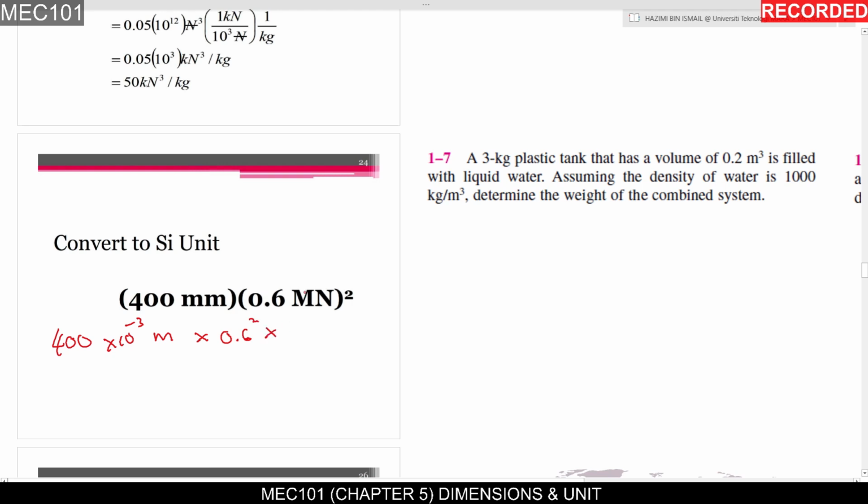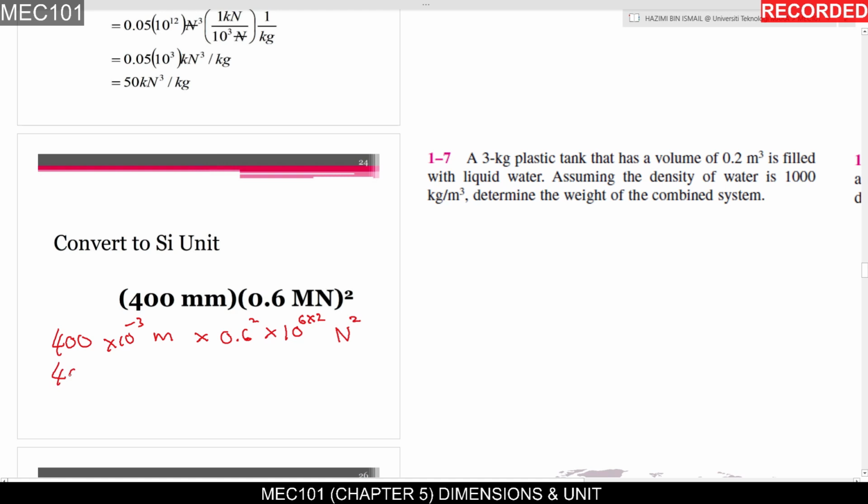So what is the power base of the mega? It is 10 to the power of 6 times 2 for the square, so you have to multiply with 2. Newton is the unit, so let it be Newton squared.